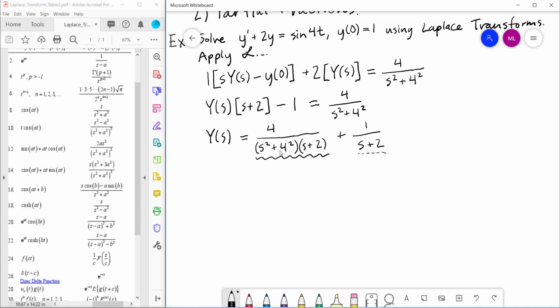So you'll notice that for this denominator down here that we're going to wind up dealing with, we have one term that's going to have imaginary roots, right? s squared plus 16. The only values of s that would make that go to 0 are plus or minus 4i. But over here, we have a real root. So this is going to be our next step, to basically just clean this piece up here.